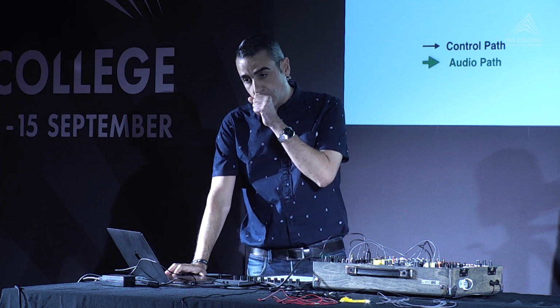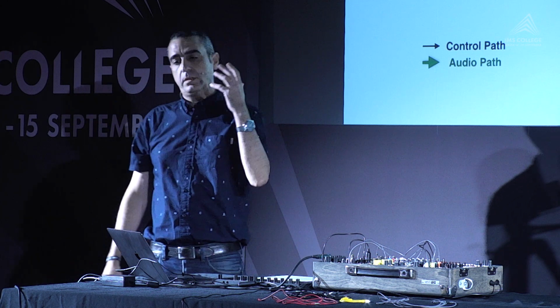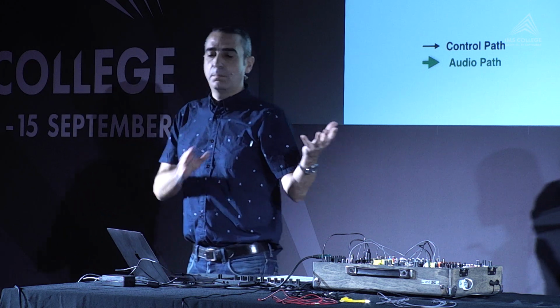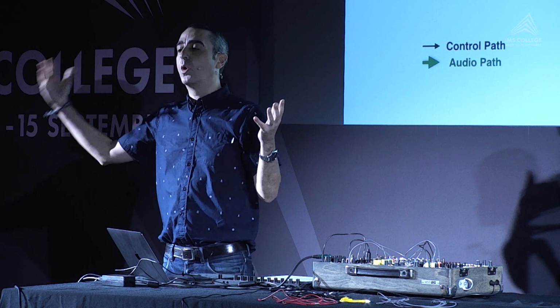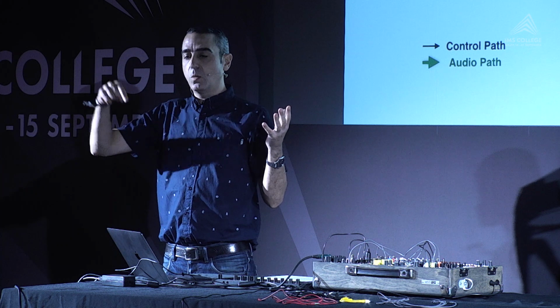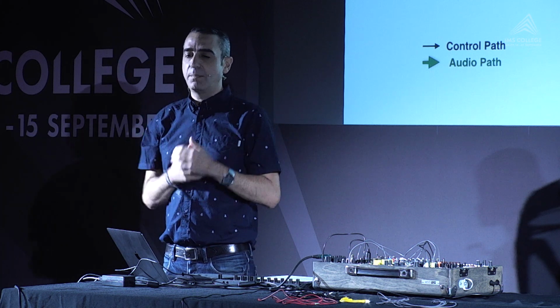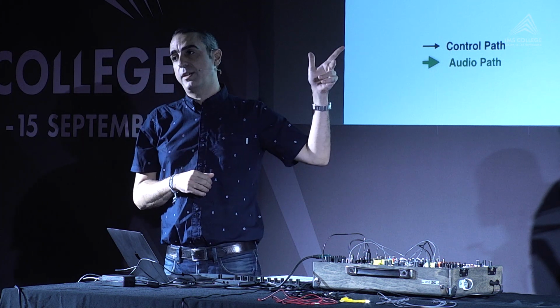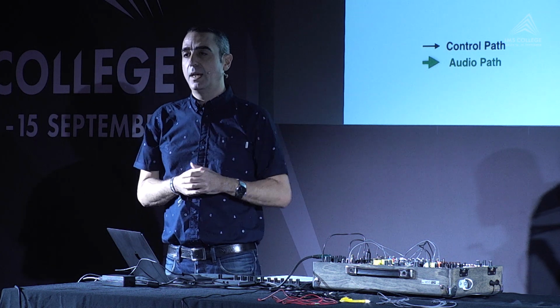We're going to send an audio signal from an oscillator, pass it through a filter, then go into the amplifier. And we're going to be able to control the amplifier from both an envelope generator or also from an LFO.